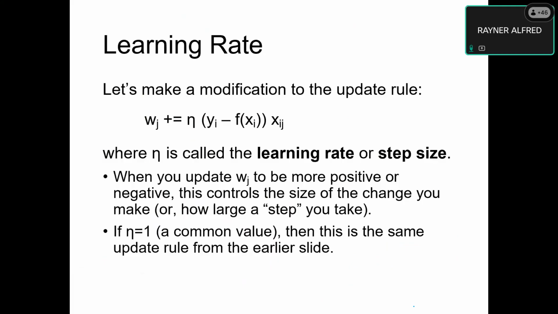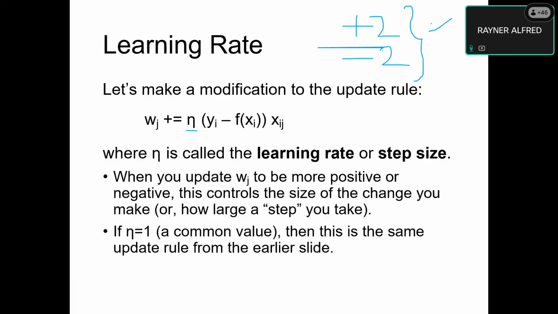Okay, so another thing that we have to know is the learning rate, because when we saw just now, when we update the rule, we have +2 or -2, right? But we can adjust this by looking at the learning rate. The learning rate here by default is 1, but you can change this to 0.2 or 0.1.